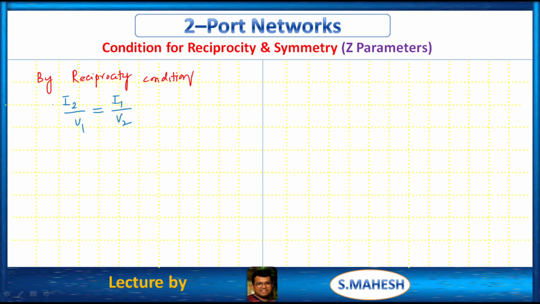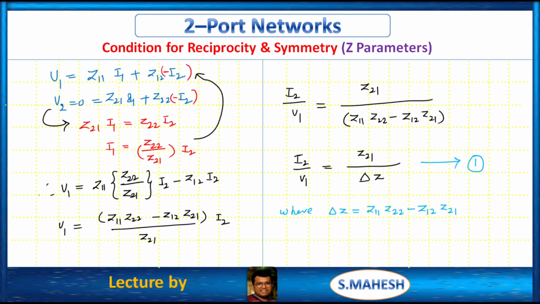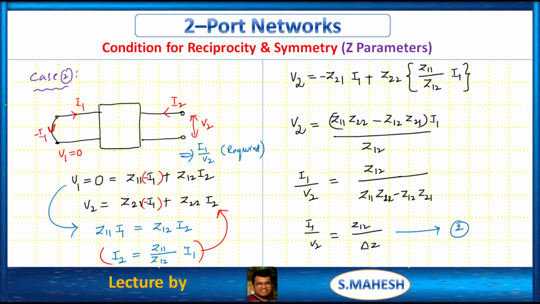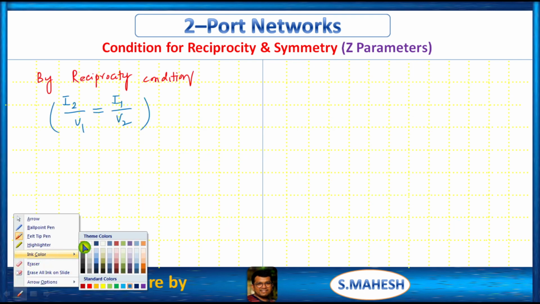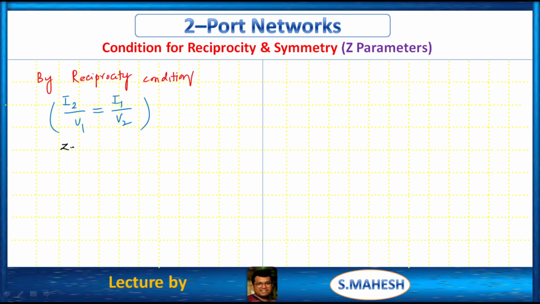Then only can we satisfy the reciprocity condition. So I2 by V1, from the first case, is Z21 by delta Z. What is I1 by V2 from the second case? Z12 by delta Z.